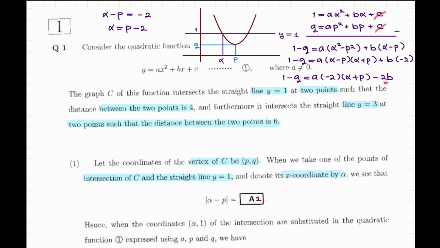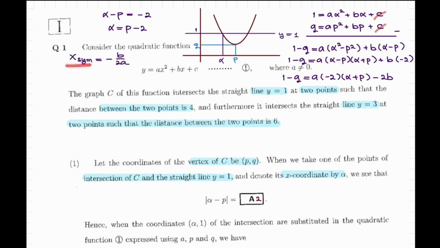How to get rid of b? If you see once again from this illustration, p is our x coordinate of the vertex. As you know, if you have a quadratic equation and you want to find the x coordinate of the vertex, we can use the formula x of symmetry is equal to negative b over 2a.